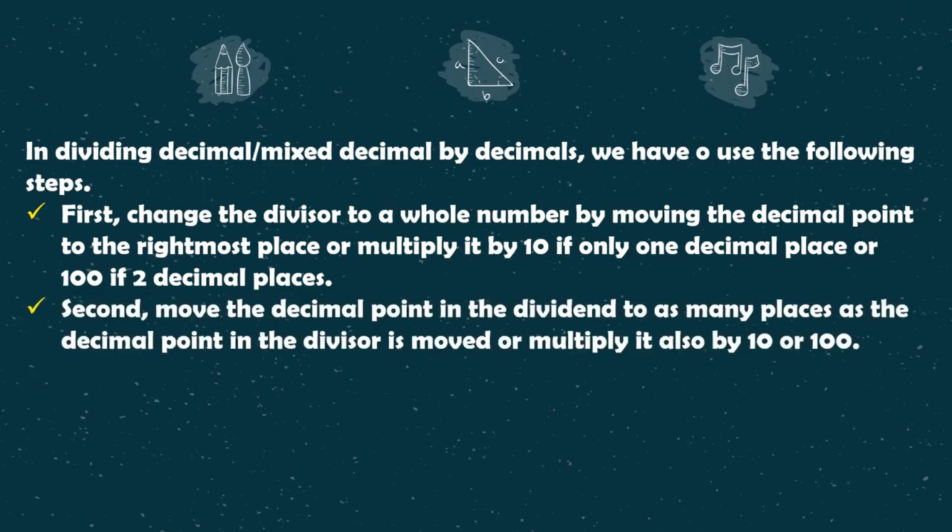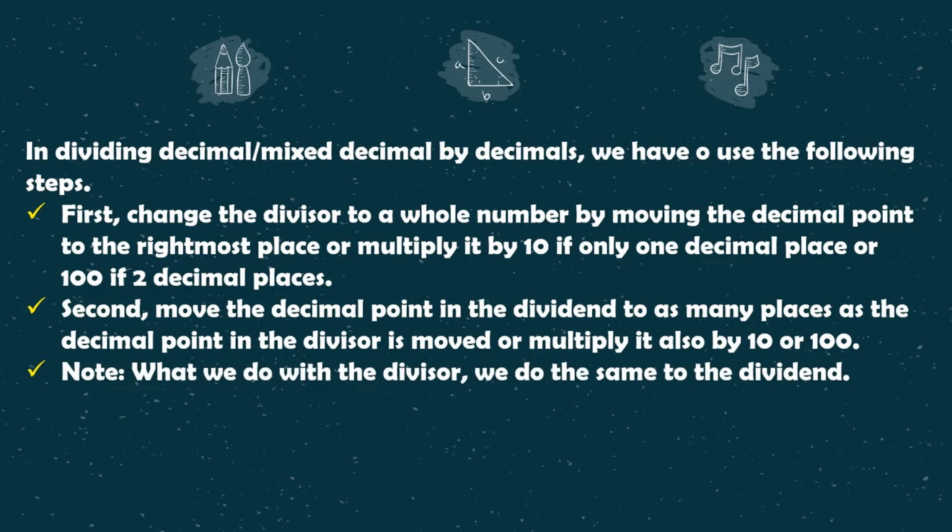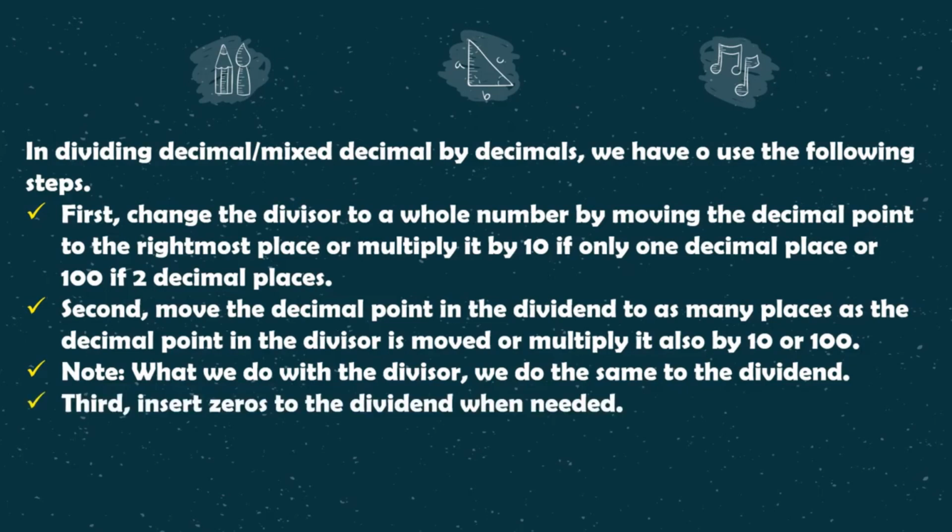Second is to move the decimal point in the dividend as many places as the decimal point in the divisor is moved, or multiply it also by 10 or 100. Note, what we do with the divisor, we do the same to the dividend. Third, insert zeros to the dividend when needed.